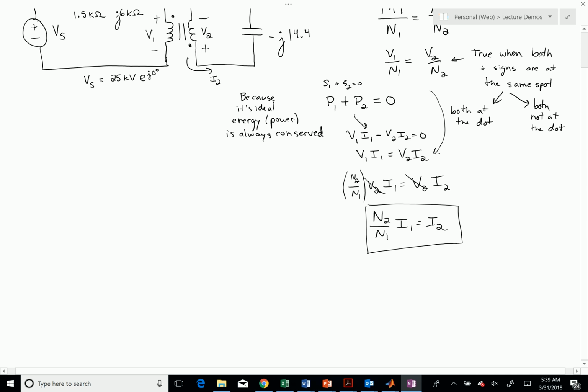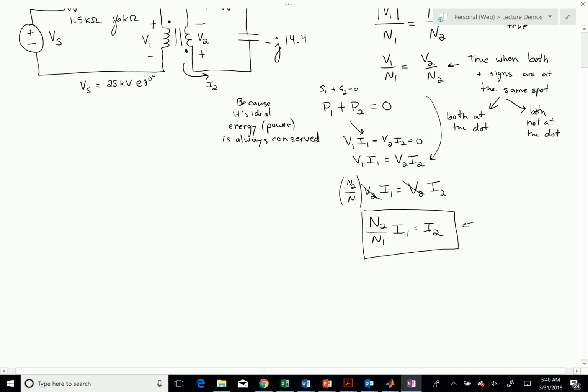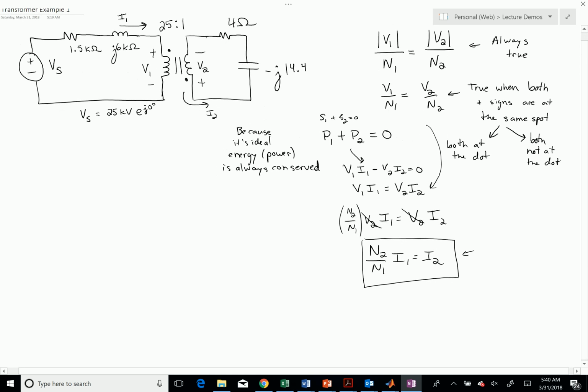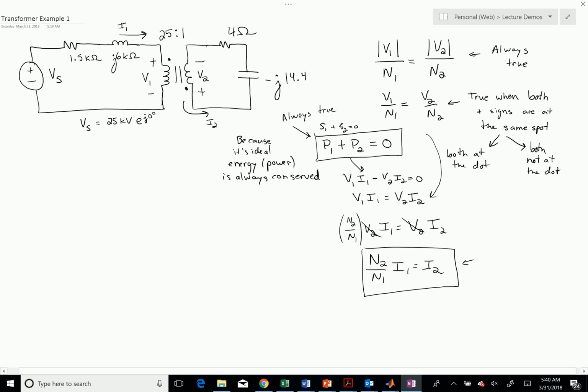Now this is true in this particular case. I need to think about it in the other cases, but I can always derive it from this power relationship. This statement is always true. So the two statements here that are always true, I've put in the boxes.